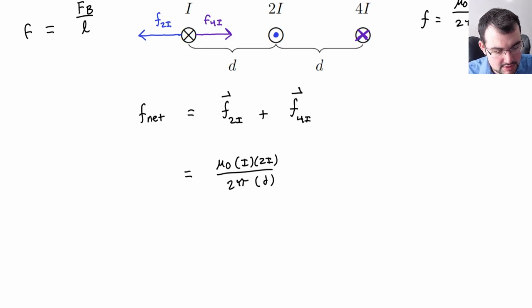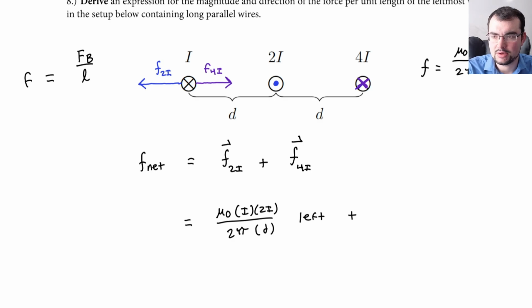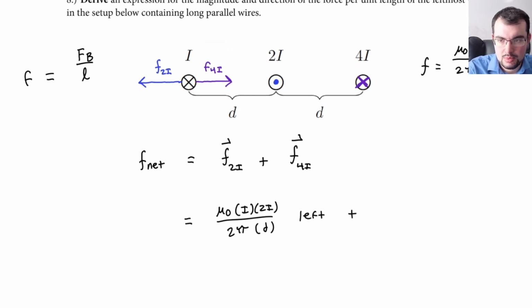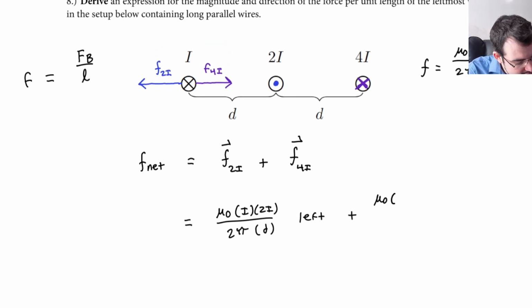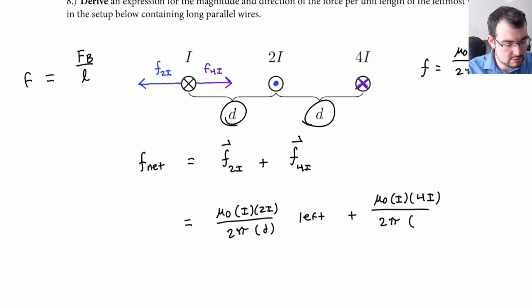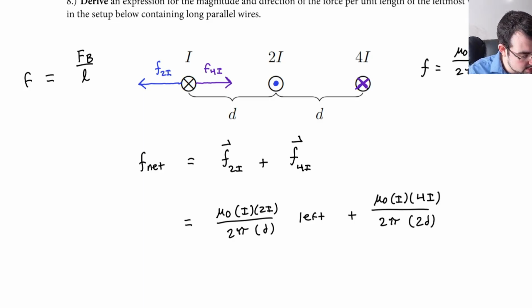And what force is this? This was to the left. And then similarly, we get mu naught. First current is still I, but this time we're looking at the 4I. And it's 2 pi again, but now the distance is 2d. This is to the right.